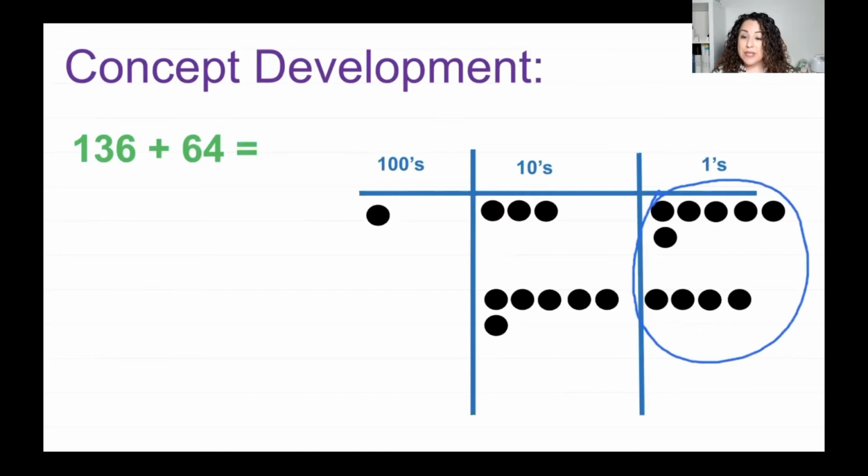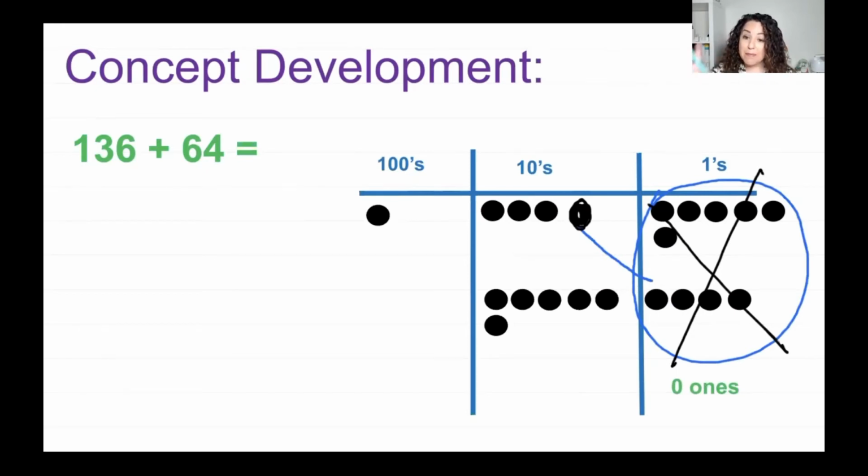Now, what do I do with that bundle? Remember, 10 littles equals 1 big. So I'm going to go ahead and make a new 10 right there. And then I'm going to cross this off because I don't have any ones left. So I have 0 ones. Now let's go ahead and look at my tens.